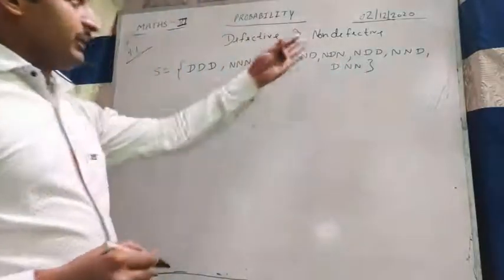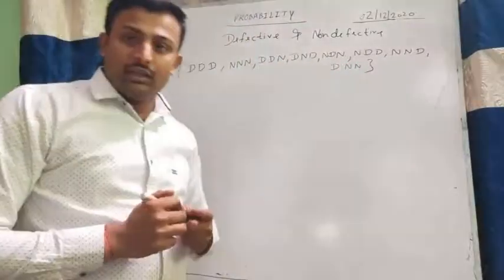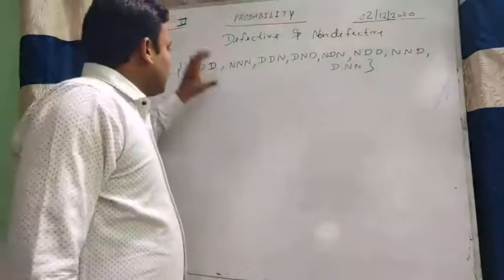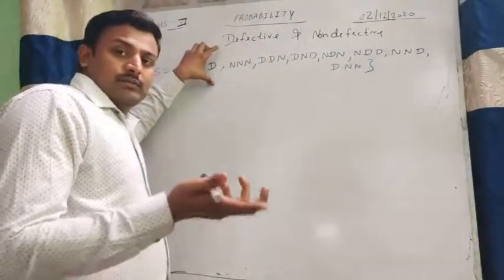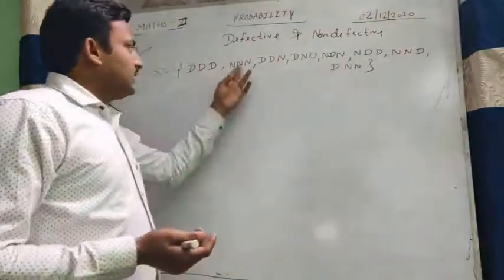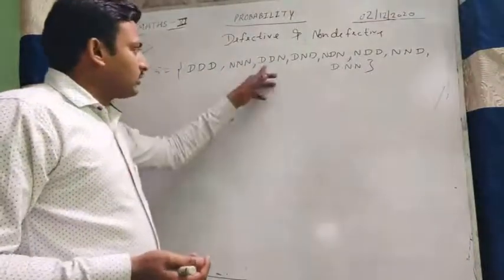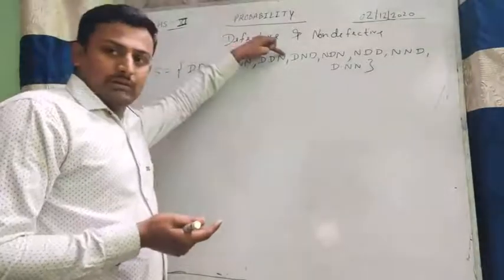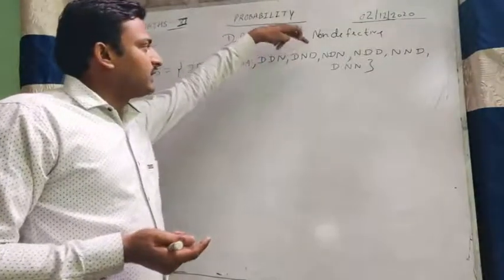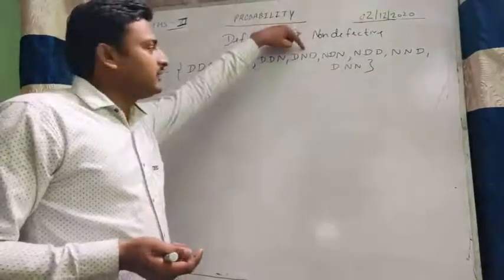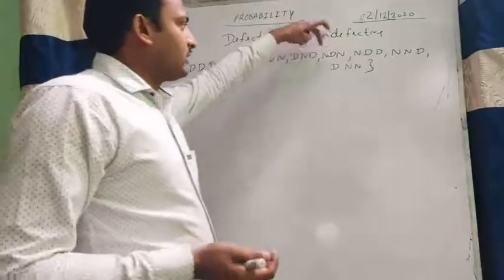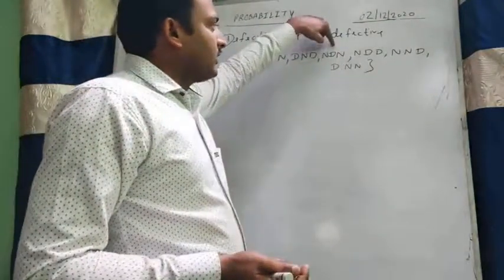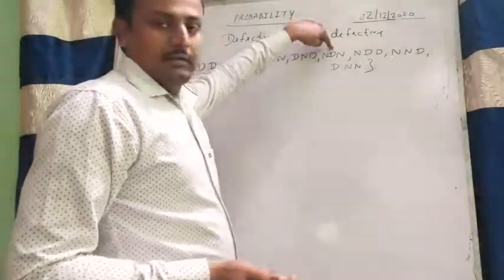So these are the sample space of selecting three bulbs. The first shows that all three bulbs are defective. This shows that the first two bulbs are defective, but the third bulb is non-defective. This shows that first and third are defective, and the second is non-defective. This shows that first and third are non-defective, and the second is defective.